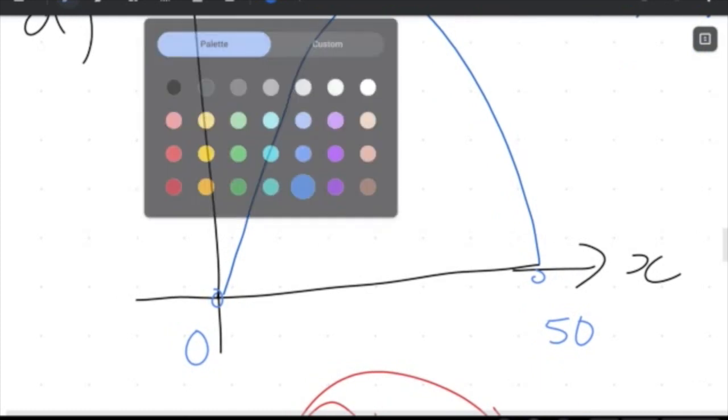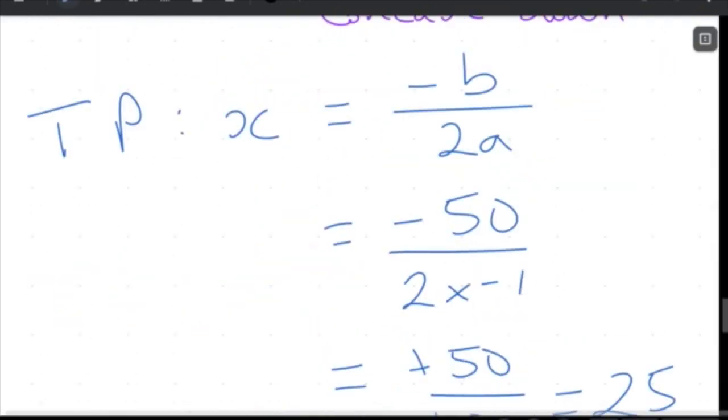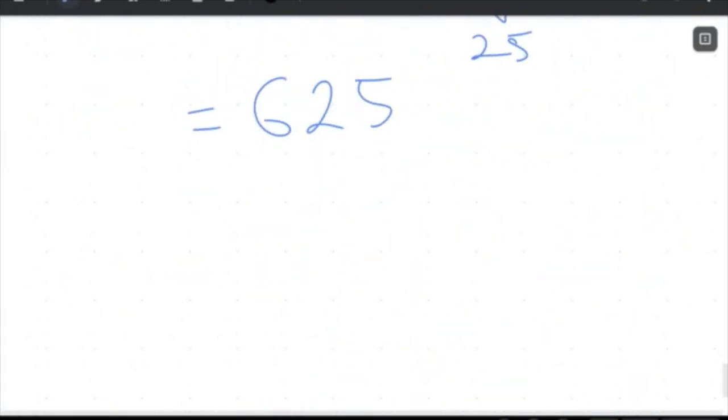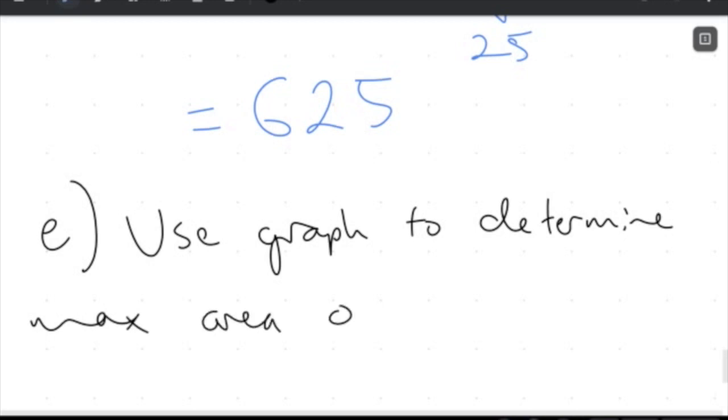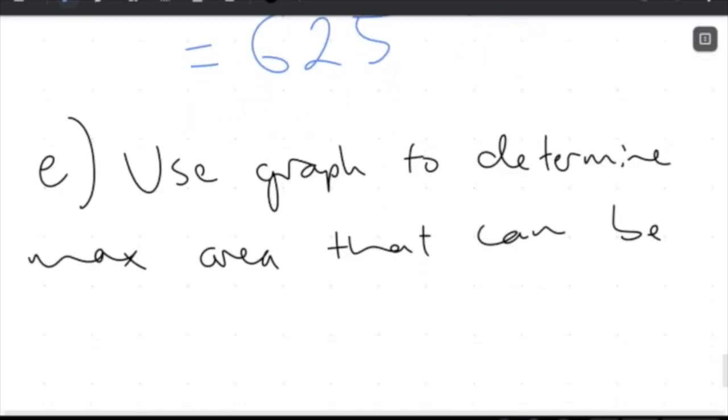And now, in doing this, we've kind of already answered the next part of the question. Our next part is to use the graph to determine the max area that can be formed. Okay, so we've already done that.